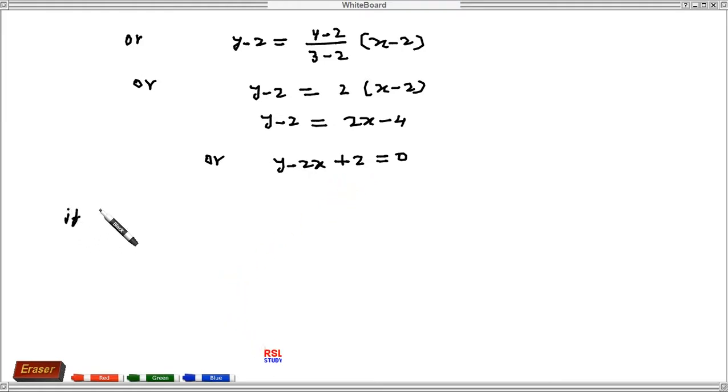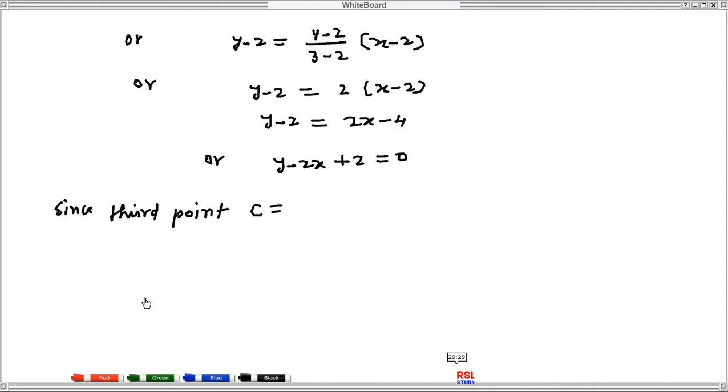And the third point is C. We have taken 2 points A and B, and the equation of the line passing through them is like this. Our third point is C, whose coordinates are 1, 0.